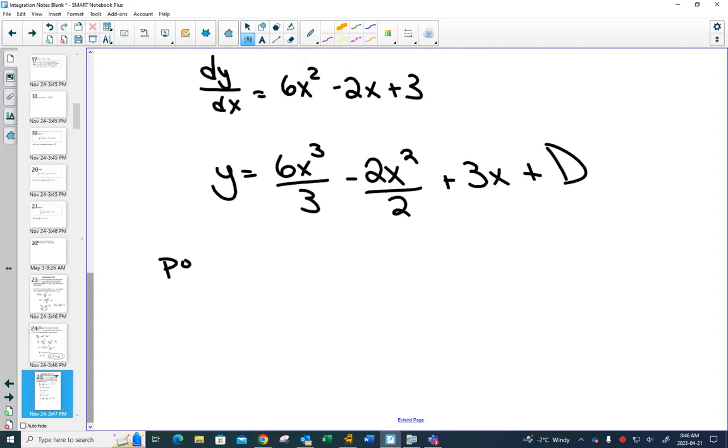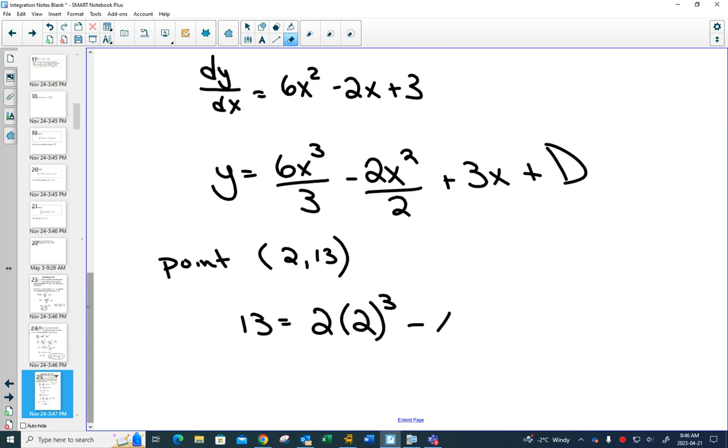Now we're given that this passes through the point 2, 13. If it passes through a point, that's your original equation, it goes through that. So we can plug in 13 for y. And 2 for x.